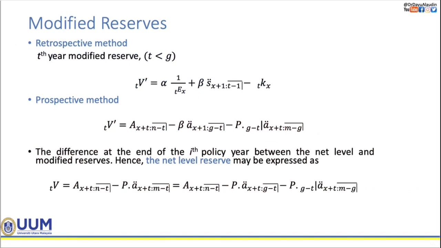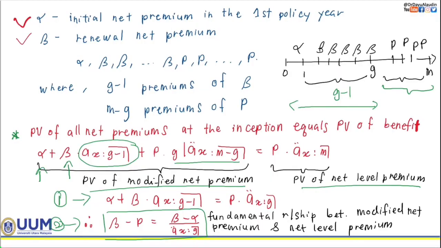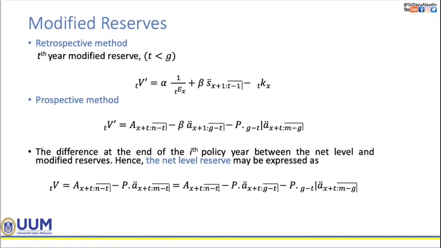Now we go to the modified reserve. First is the retrospective method, where t is less than G. So look here, G is here. When t is less than G, the modified reserve we denote as tV with the prime.